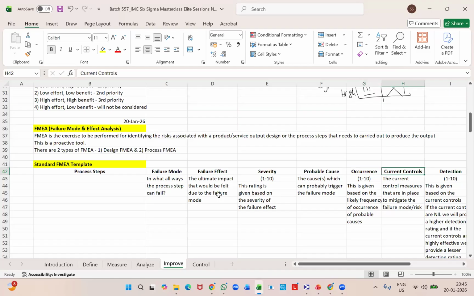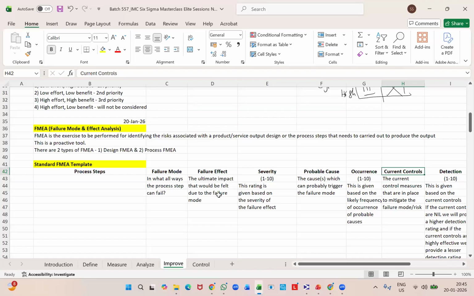And the final section, we will have current controls. So what are the current control measures or the preventive measures that I have already implemented to mitigate this failure mode or the risk? So that needs to be updated under current controls. So what are the control mechanisms that I already have in place to mitigate this failure mode or the risk?